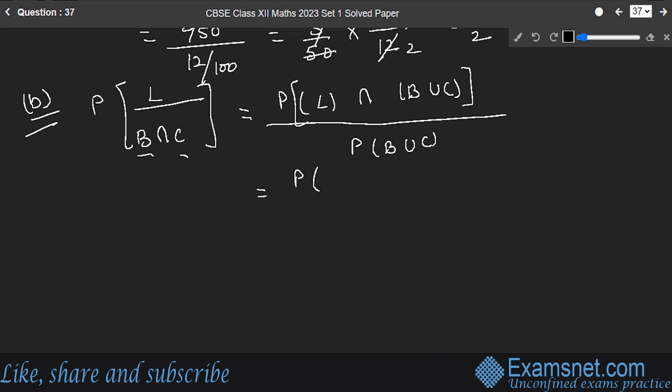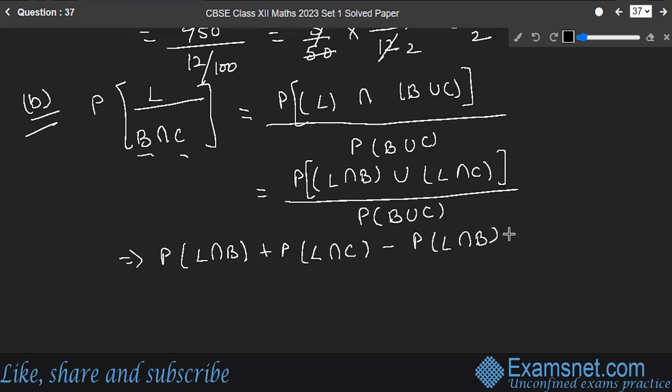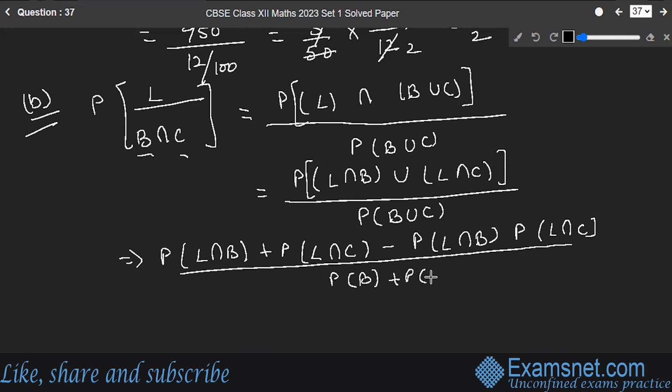This is equal to the probability of (L intersection B) union (L intersection C) divided by the probability of B union C. That is equal to P(L intersection B) plus P(L intersection C) minus P(L intersection B intersection C), the whole divided by P(B) plus P(C) minus P(B) into P(C). Okay, let's fill in the values now.